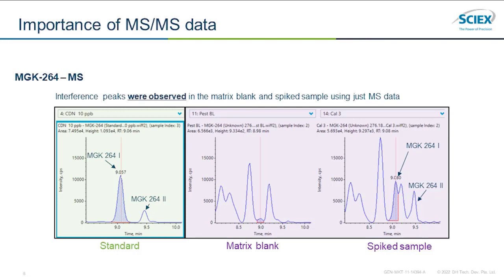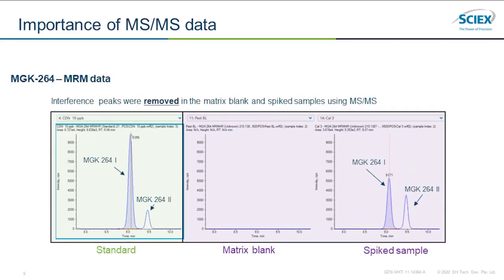It would be pretty easy to accidentally integrate underneath one of those interferences and think that, yes, I am looking at MGK 264. There's just a little bit of difference in retention time. And when we spike that sample, we see that even with the spiked sample, there isn't baseline separation. It would be really difficult to quantitate using this data.